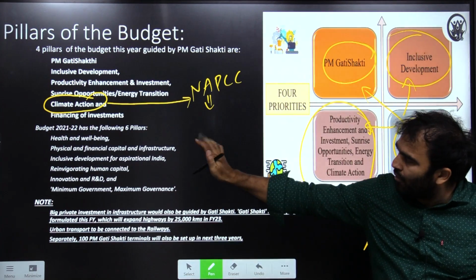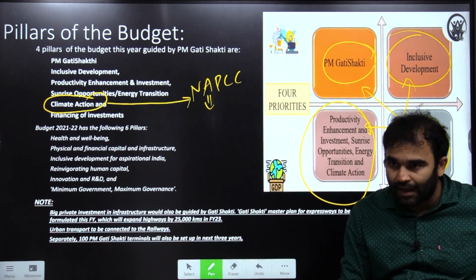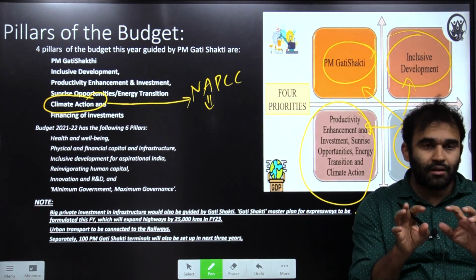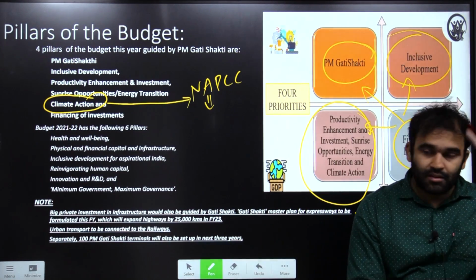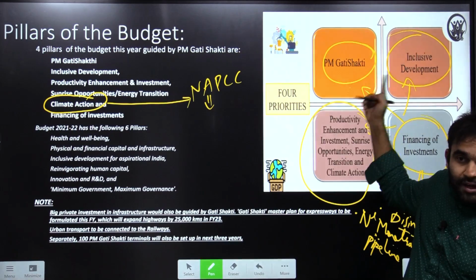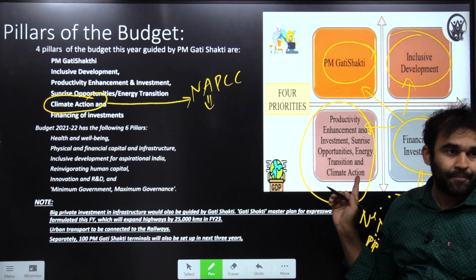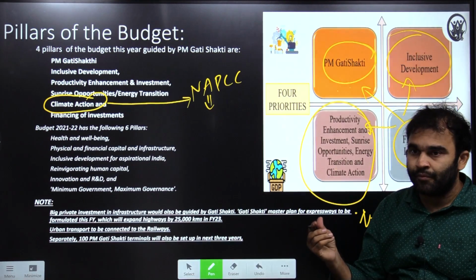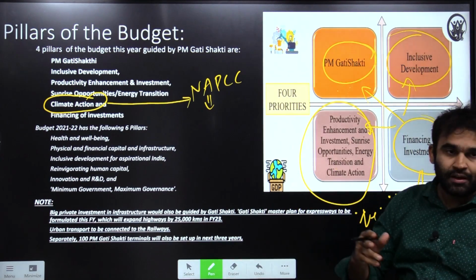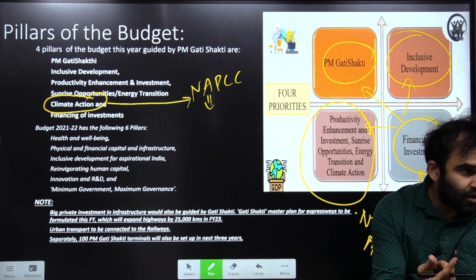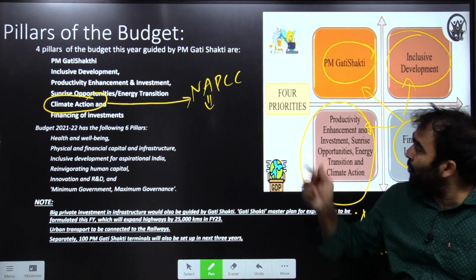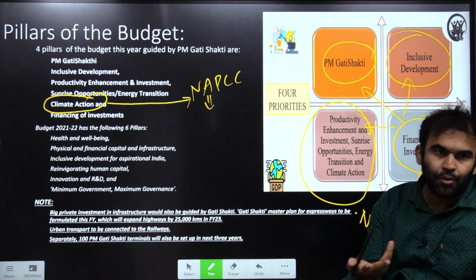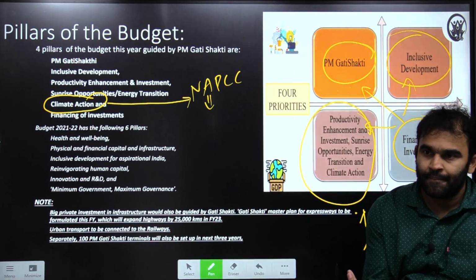Focus on these 4. See, the theme should be like, whenever you are reading a new topic, connect it with the box, in which box you can put it in your budget. Whenever you are reading a new topic, one or the other box, you can put a specific topic or specific scheme in one of these 4 boxes. Sometimes you can put them in 2 boxes as well.